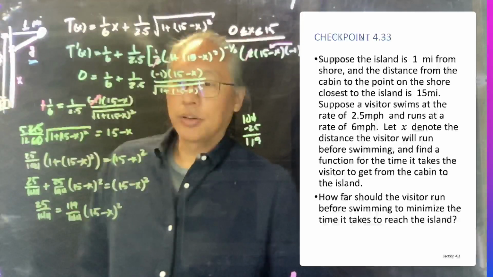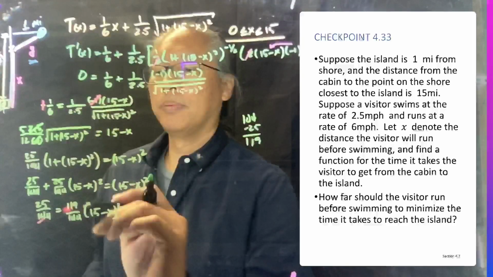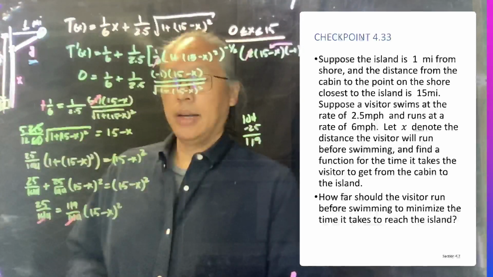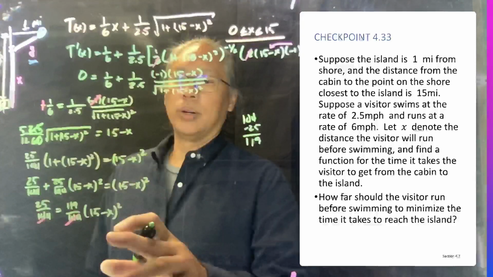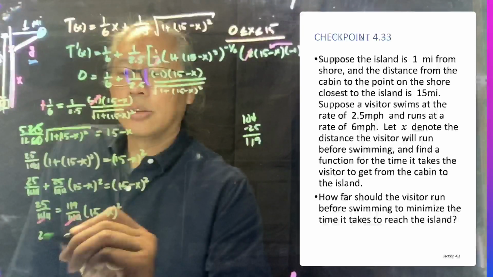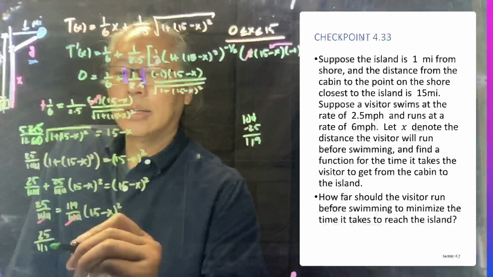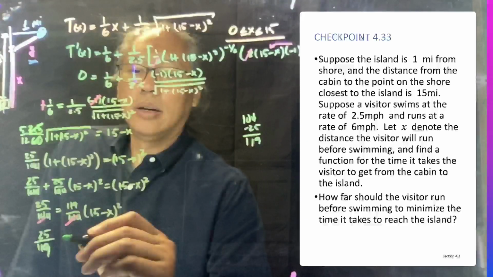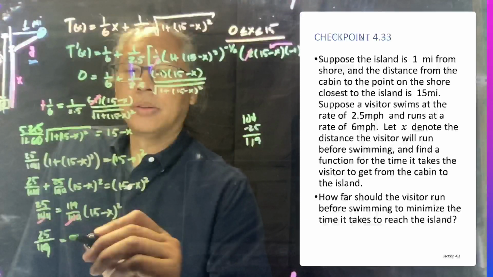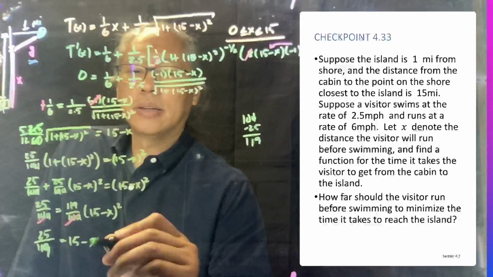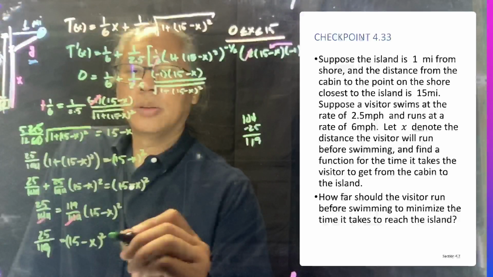I can multiply both sides by 144. That will get rid of that. And I can divide both sides by 119. So this is 25 divided by 119 is equal to 15 minus x squared.